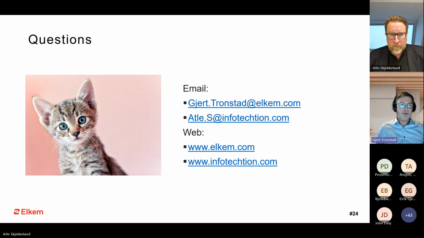Luckily, there are obfuscation rules that you can apply, where you do not see the names of the people, and before it actually starts to become a case, then you can log in with special keys. But of course, Atle can say more about the technical things behind here.